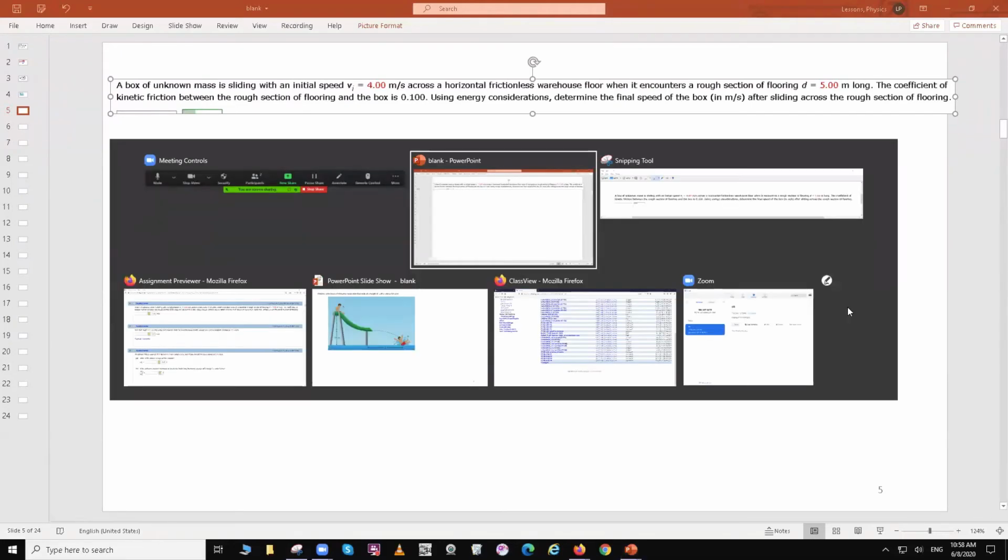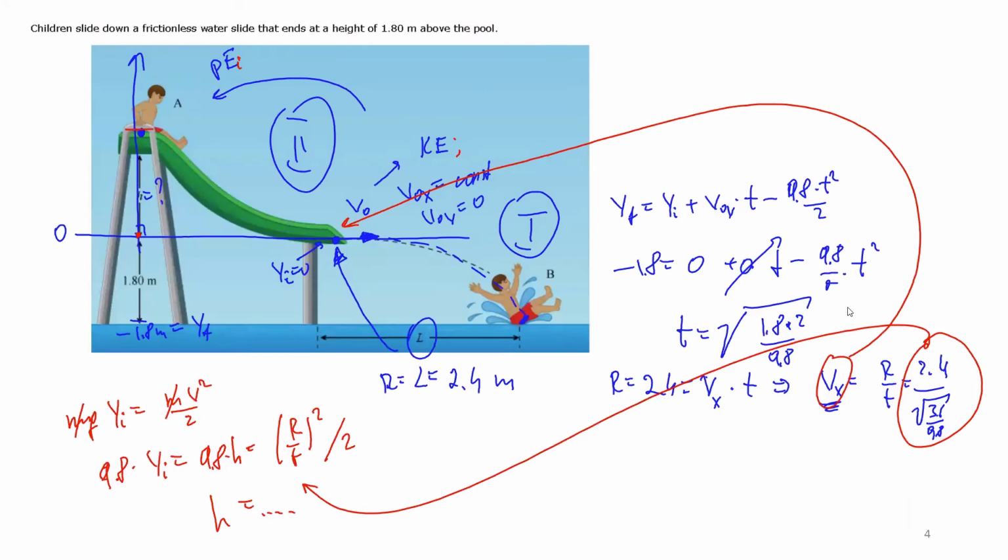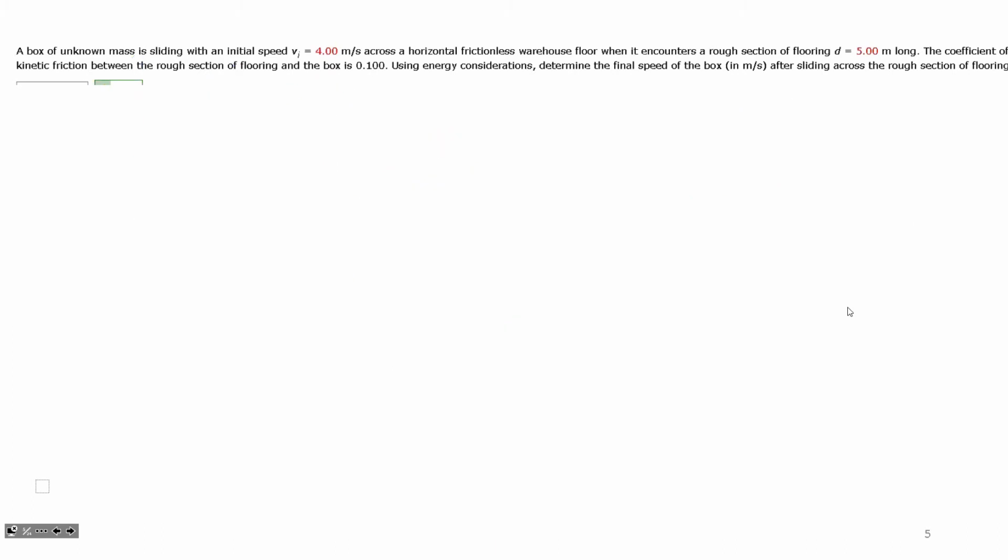So it is very similar to the situation from the class today. All right. The strategy is always the same. You need to first analyze what is happening. So the box was sliding. We had some speed.